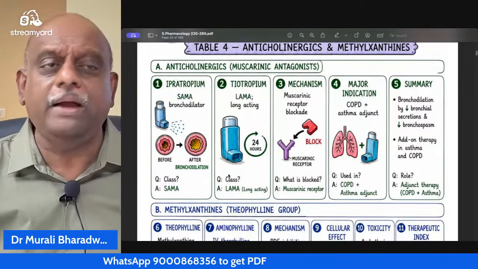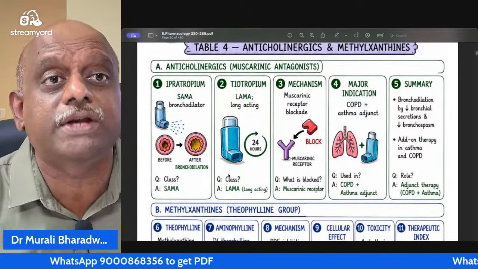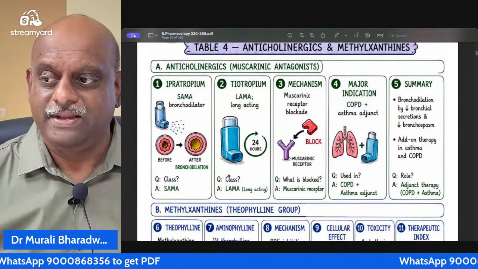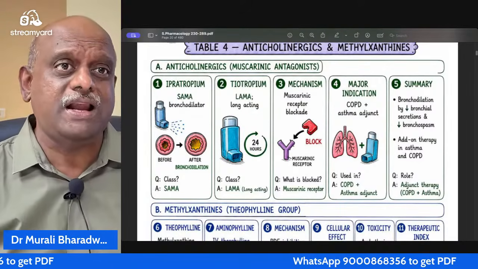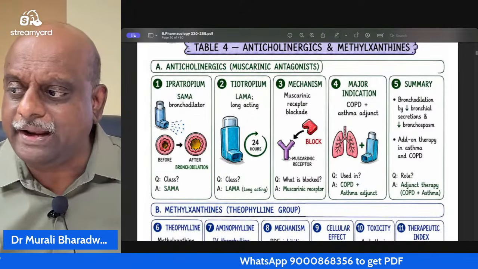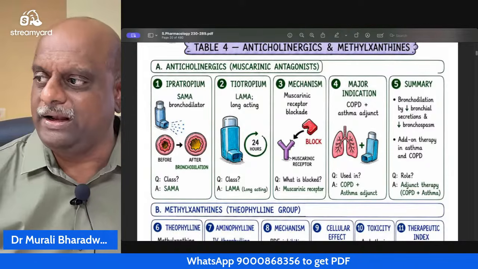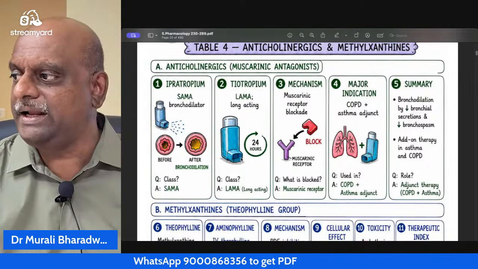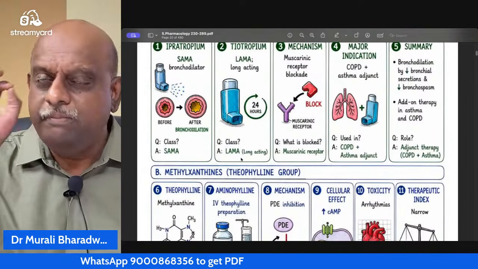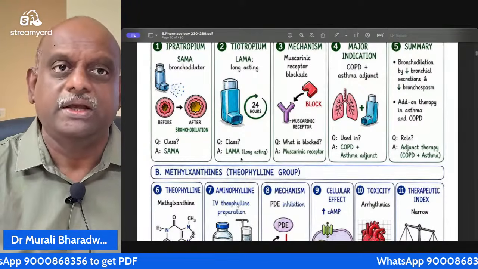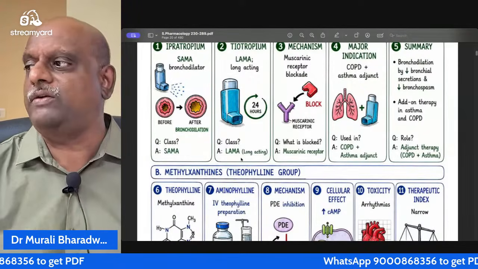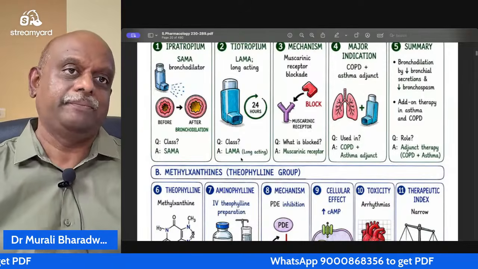So ipratropium is a short-acting muscarinic antagonist, SAMA, whereas tiotropium is LAMA, long-acting muscarinic antagonist, is what we need to basically remember. So the major indication of anticholinergics in asthma is COPD, right?